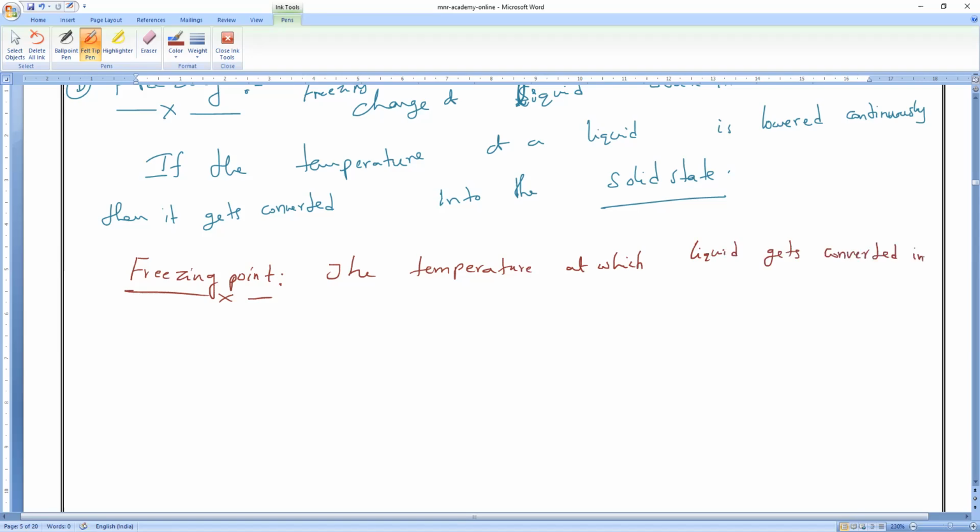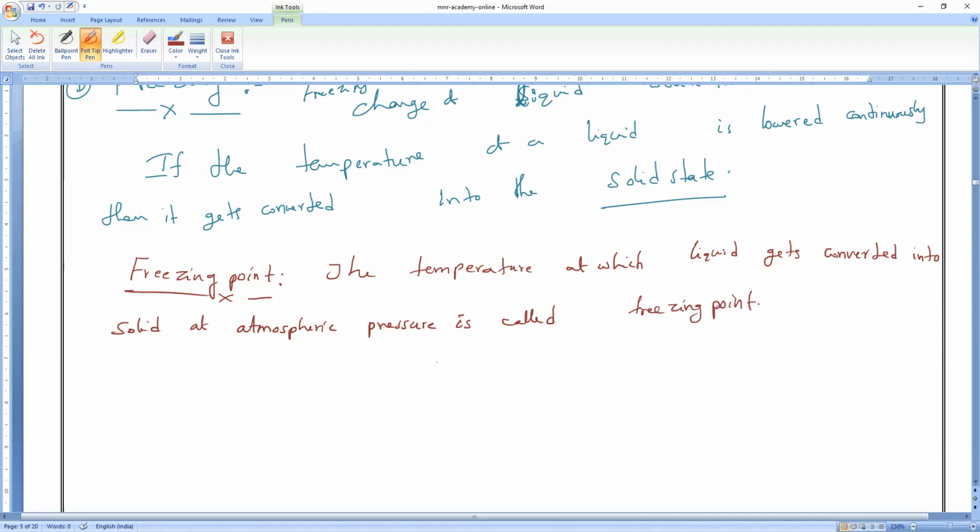At what pressure? Atmospheric. At atmospheric pressure, that is what is expected. That is called the freezing point.